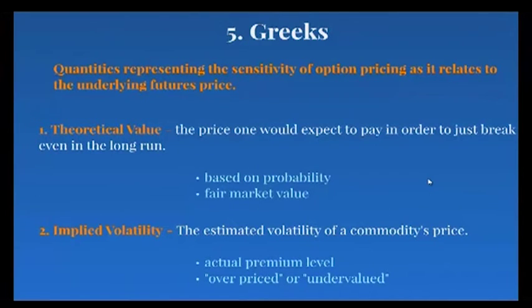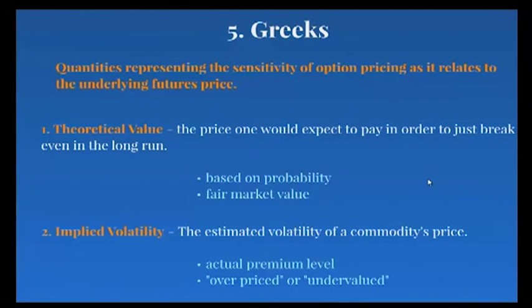We looked at factors that make up the time value and intrinsic value, the expiration dates. We looked at the strike prices, interest rates. Those are all set for the most part. Remember I mentioned the volatility was one of the important keys that we needed to know as part of the factors. That's your implied volatility.